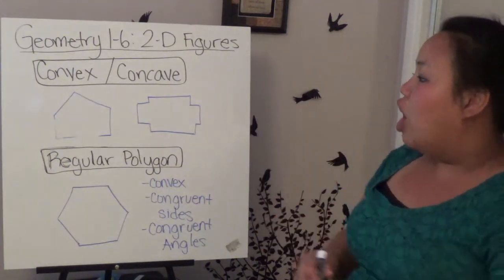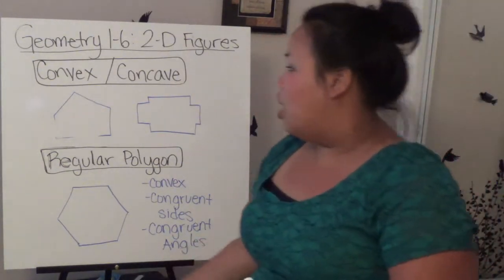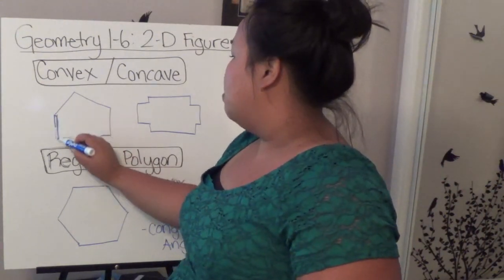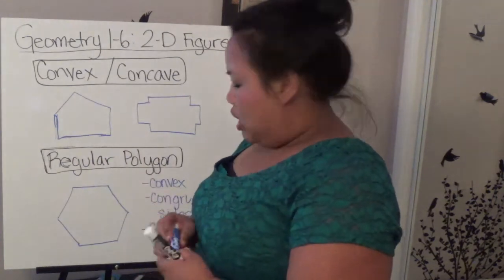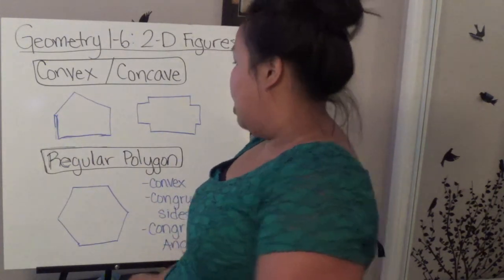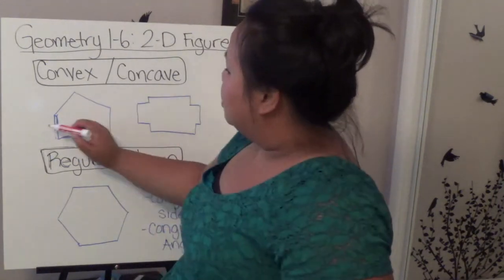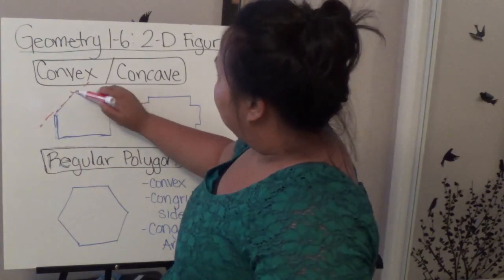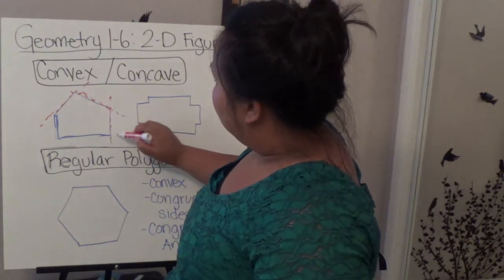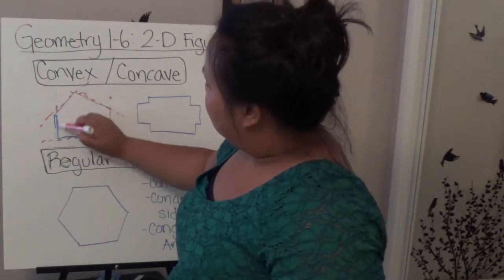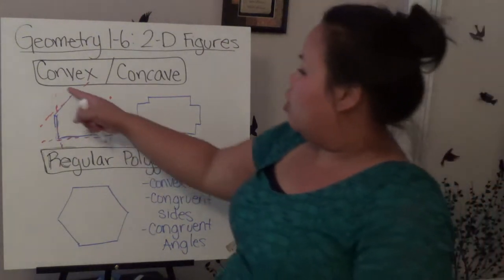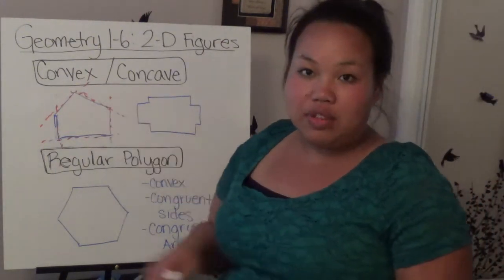Basically, here's the test for a convex. Sorry, let me rewrite this. The test for a convex versus a concave is that for a convex, if I put a line on each one, none of it would enter the actual inside of the shape.